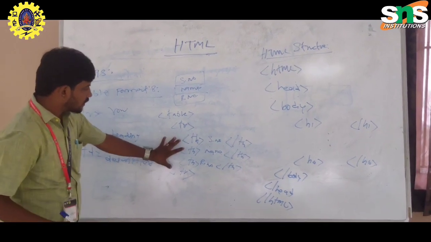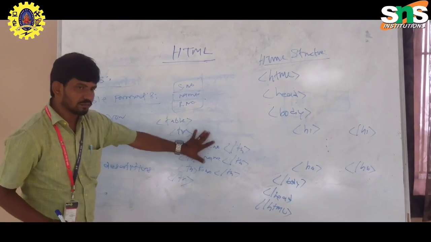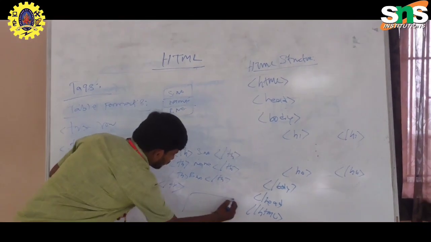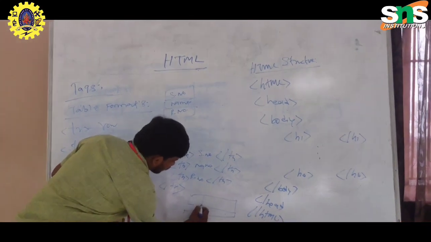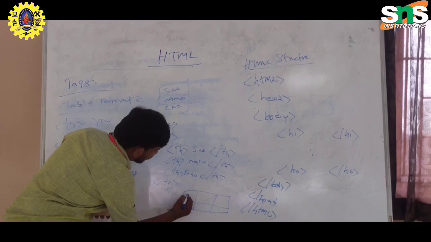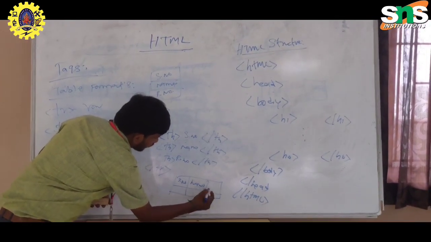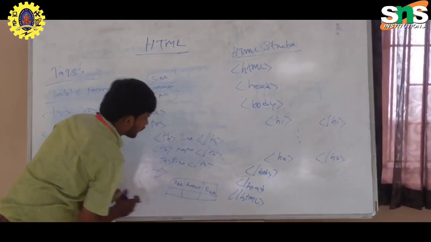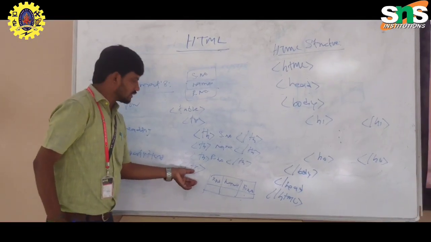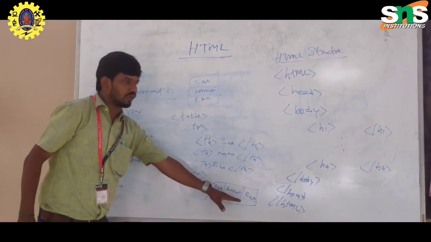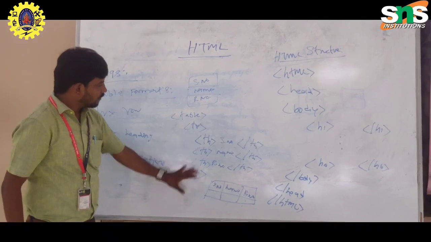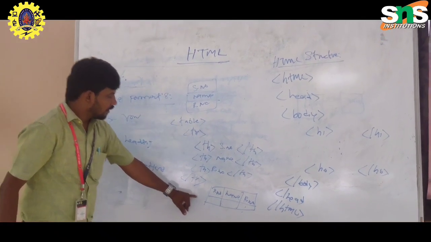The output of this HTML is a table. Serial number, name, and register number are each printed in their own column. In the same way we give the description.